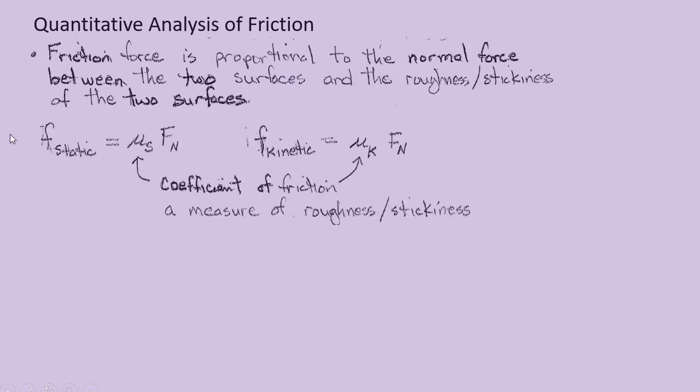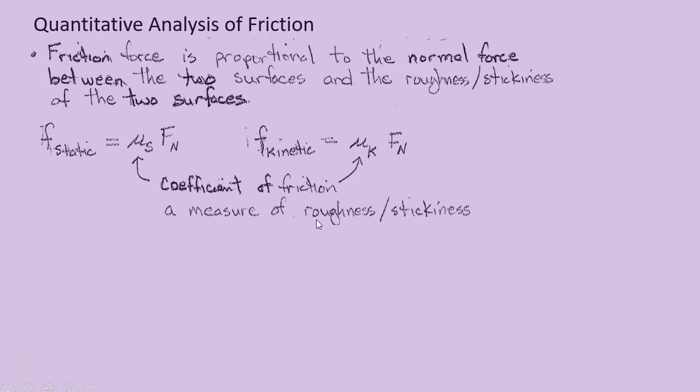And that leads us to our equation that the static friction is equal to the coefficient of static friction times the normal force, and similarly for kinetic friction, it is equal to the coefficient of kinetic friction times the normal force. And of course, the normal force is a measure of how tightly these two surfaces are being pushed together, and the coefficient of friction is a measure of the roughness or stickiness of the surface.